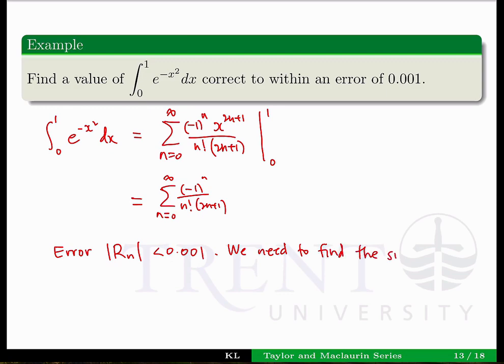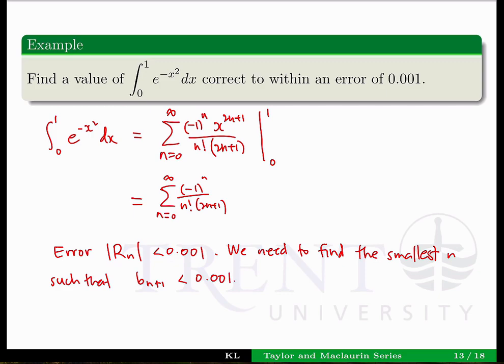the smallest n such that b sub n plus 1 is strictly less than 0.01.